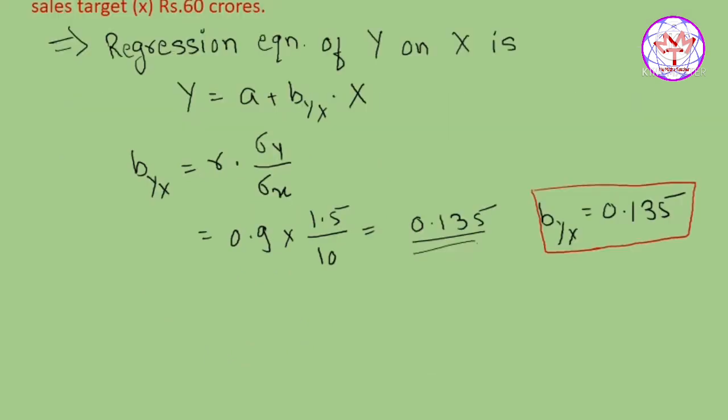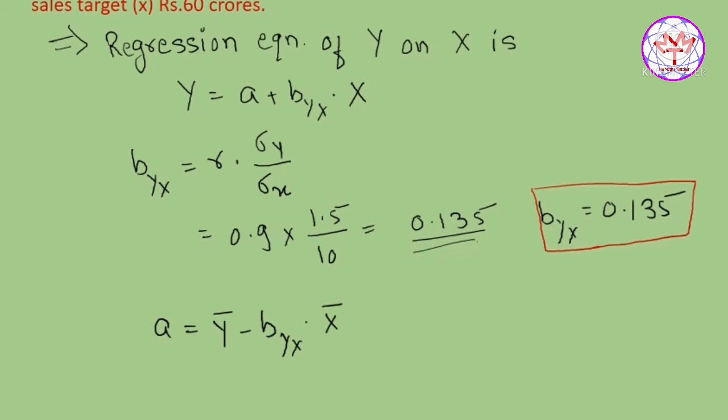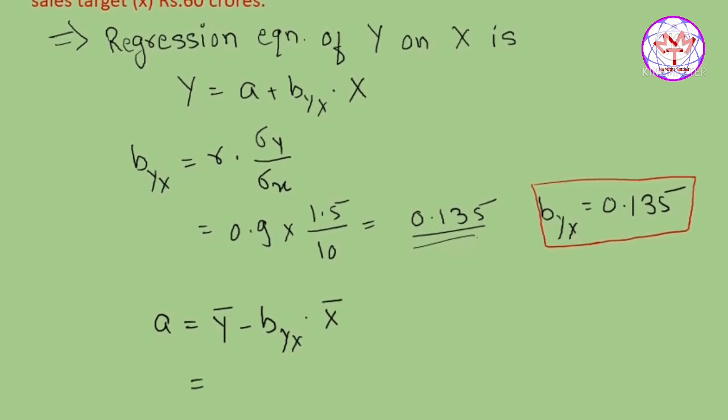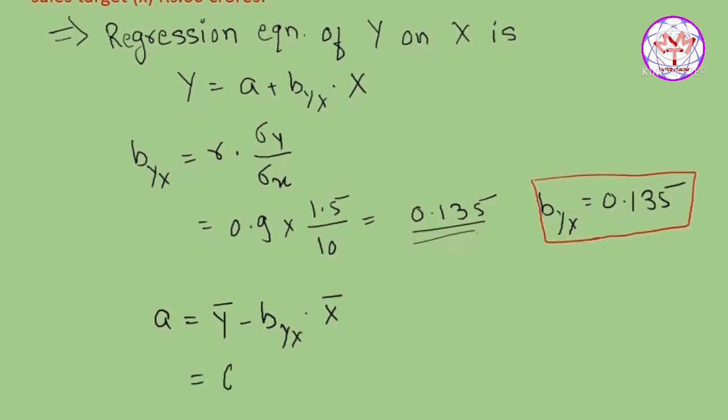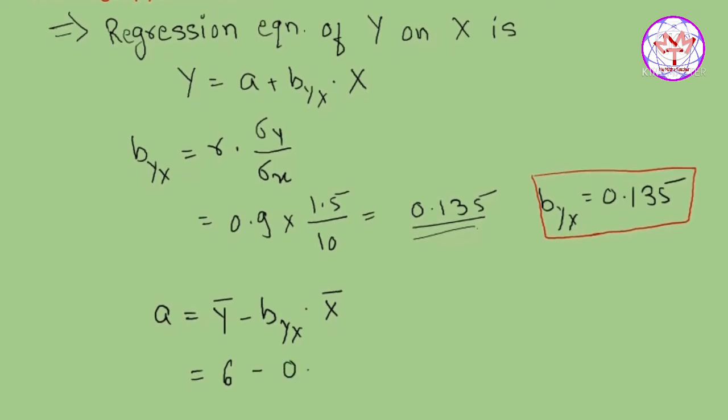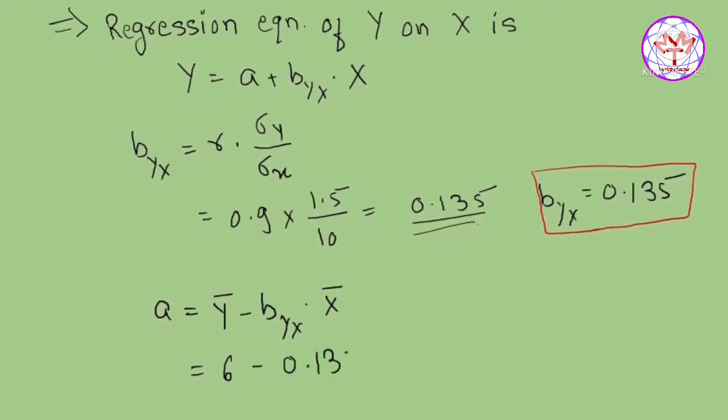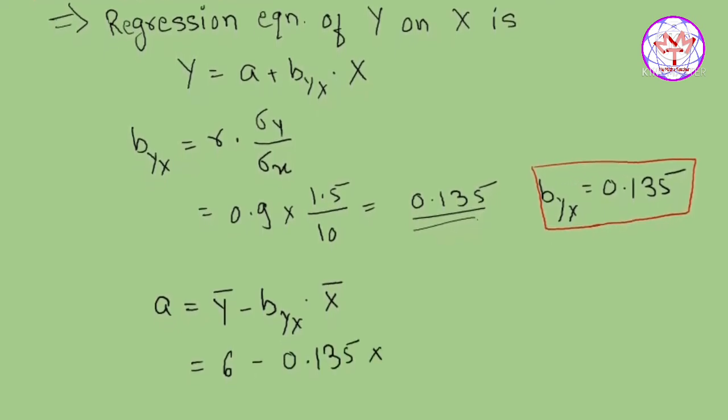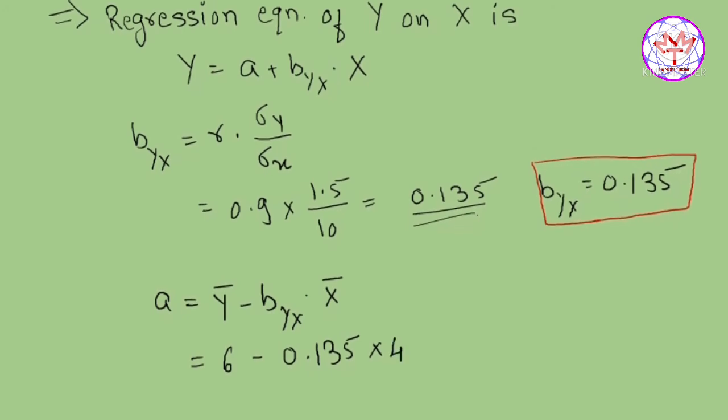Now we will find a. a is equal to y bar minus byx into x bar. So let us substitute the values. y bar is 6 minus byx, we have got 0.135 into x bar, that is 40.